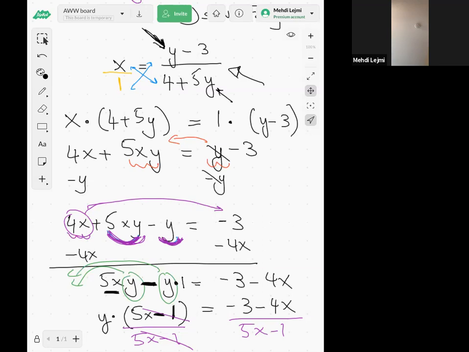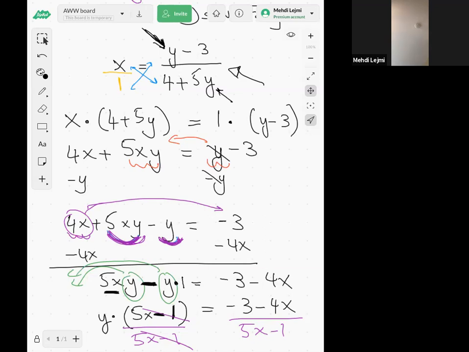In the test, you should expect you could possibly end up with a fraction and then you have to cross multiply, or you can have an equation where there's no fraction, so then you don't need to cross multiply. Of course, you should expect anything in the test. It depends on your equation.